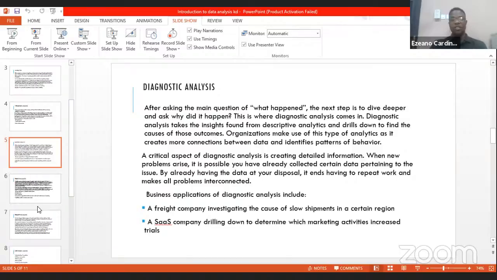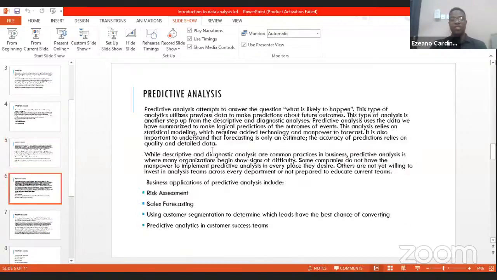You dive down to the next one, which is the third one, called predictive. This is the most common analysis used in organizations, and I think to an extent, it could be said it's the most important. Predictive analysis attempts to answer the question, what is likely to happen?